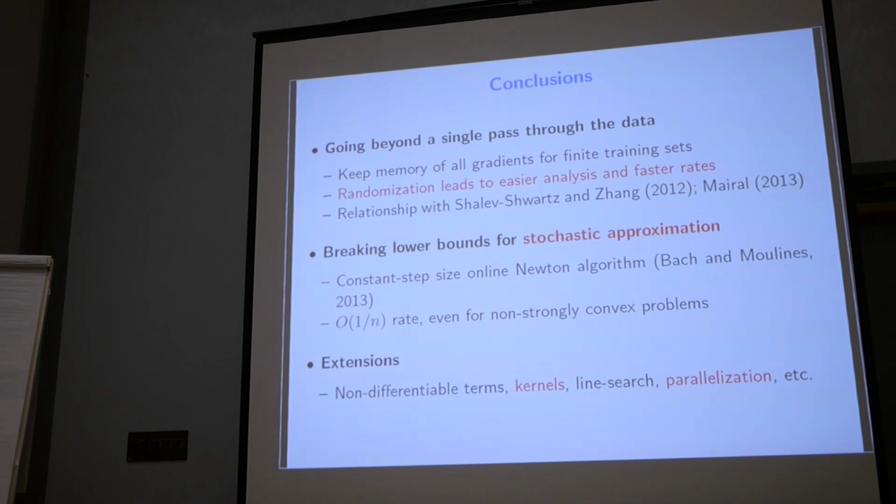And finally, in terms of extensions, there are things which we really care about. Non-differentiable terms: for the moment we have the algorithm, you can simply do a proximal step and it works, but we have no proofs. Kernels: we love kernels, but that love has been hard because nobody wants to do it anymore, whereas some people need kernels.